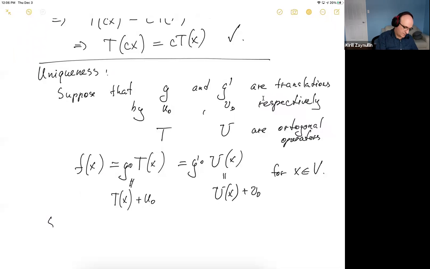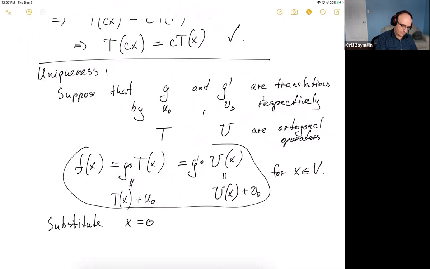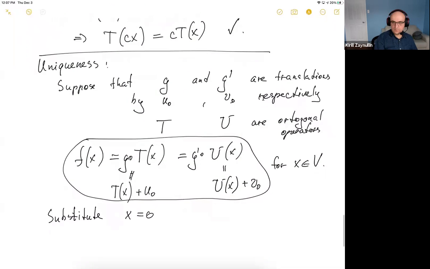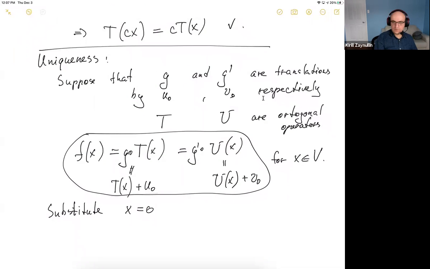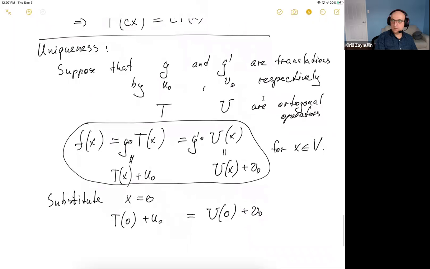Now, let's just substitute X equals 0 in these equalities. What do we get? If X is 0, then T of 0 plus U0 must coincide with U of 0 plus V0, right?